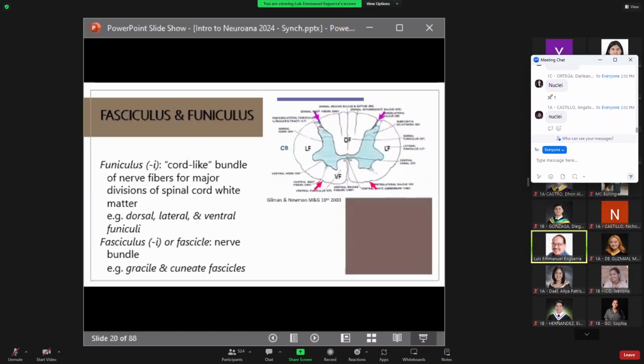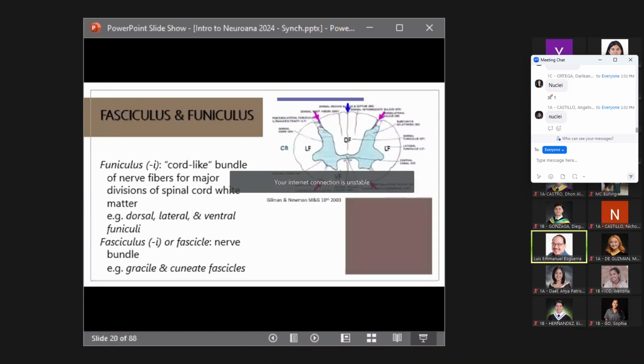You have the dorsal or posterior median sulcus that separates the dorsal funiculi on either side, right and left. And then you have the anterior median fissure that separates the two ventral funiculi. So this is a deep groove.